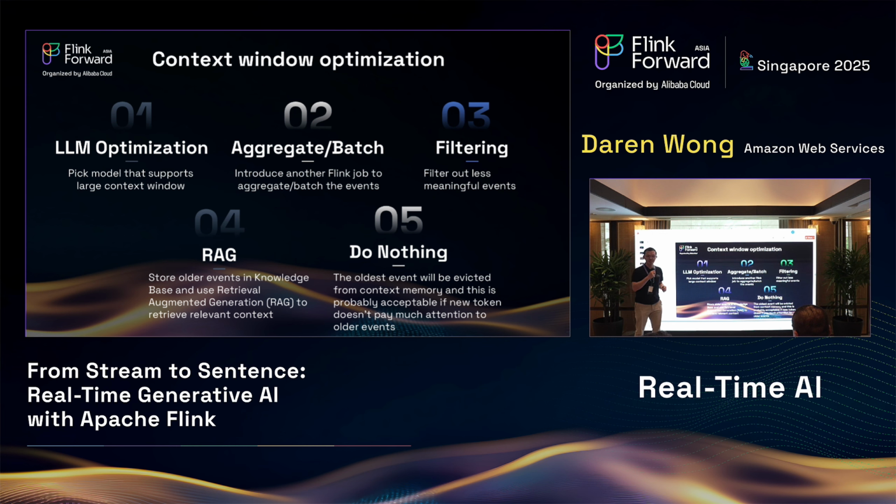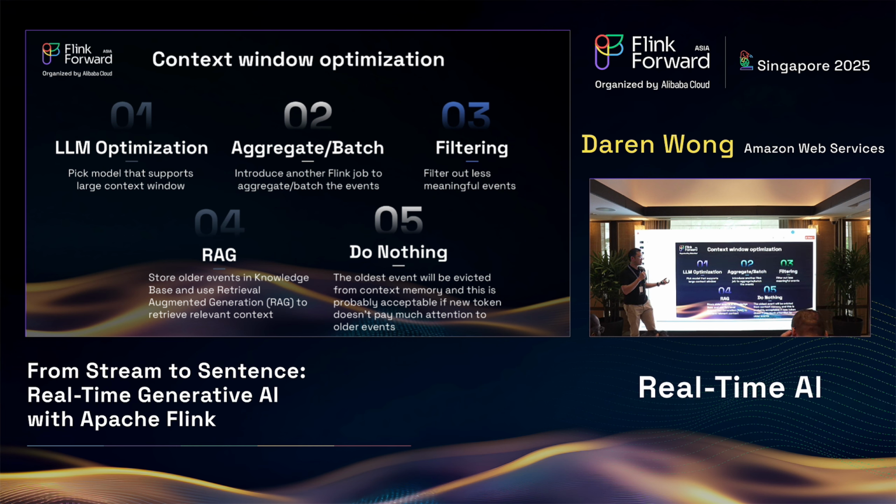The fourth approach is new. We can use RAG, or retrieval augmented generation, to reduce the context window size that is required. So what this means is we can simply store the older events in a knowledge base, typically implemented using a vector database.